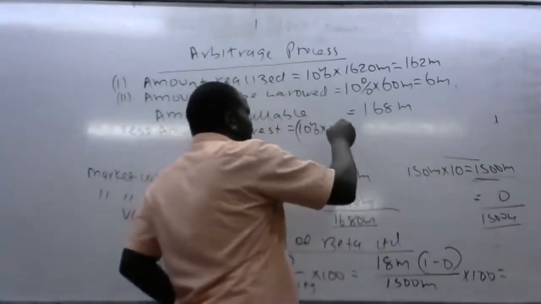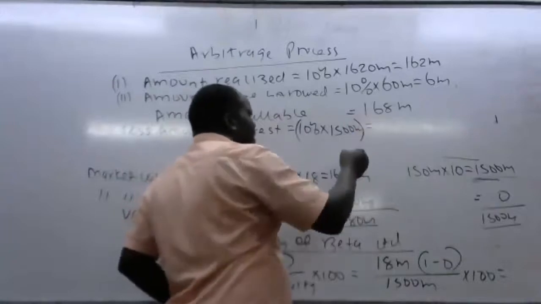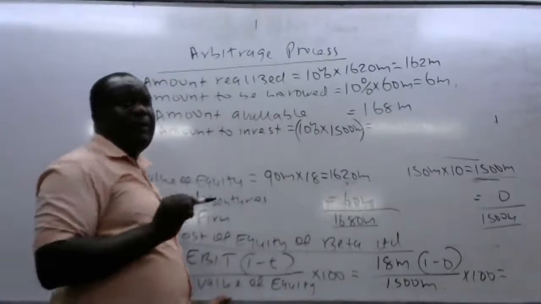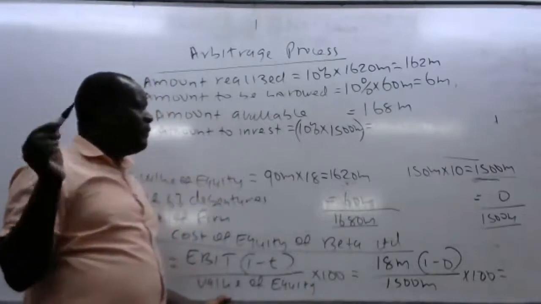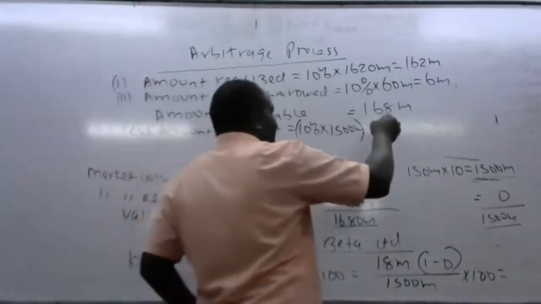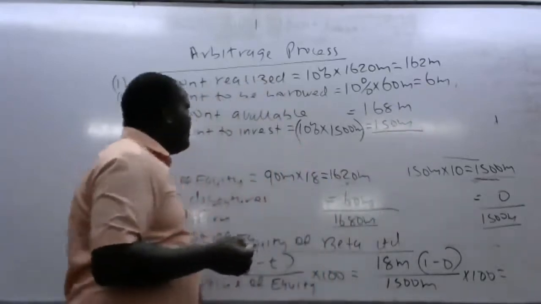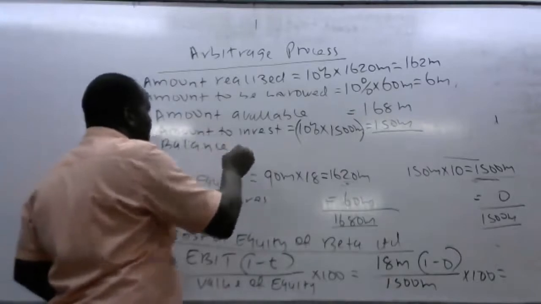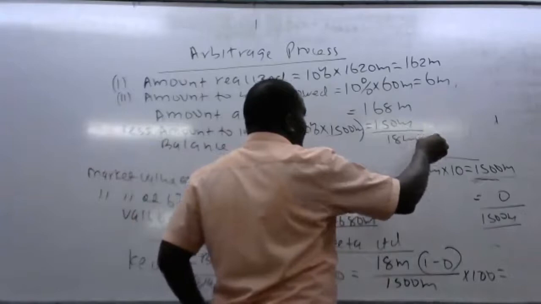So multiplied by the 1,500 million, so that he maintains the percentage of ownership even in the new firm. So it will give us how much? 150 million. So when you subtract, what will be the balance? So you will be having a balance of what? 18 million.